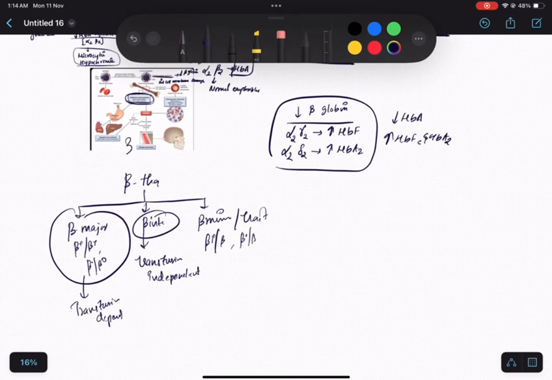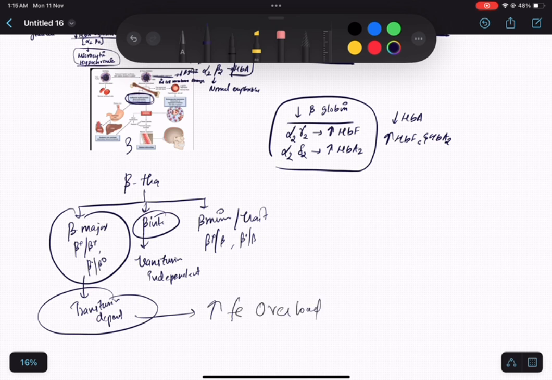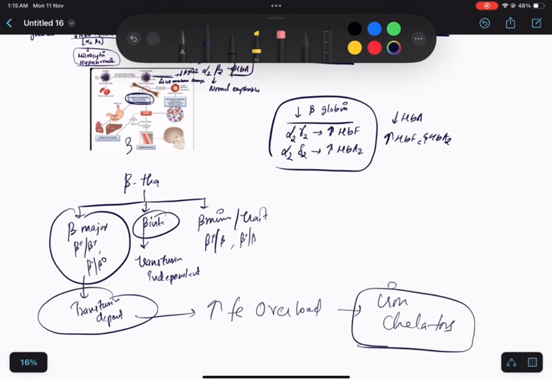Hemosiderosis and secondary hemochromatosis, the two manifestations of iron overload, inevitably occur, and we will use chelation therapy. Because it's transfusion dependent, there is a chance for iron overload, so for a patient undergoing continuous transfusion, we can give iron chelators.